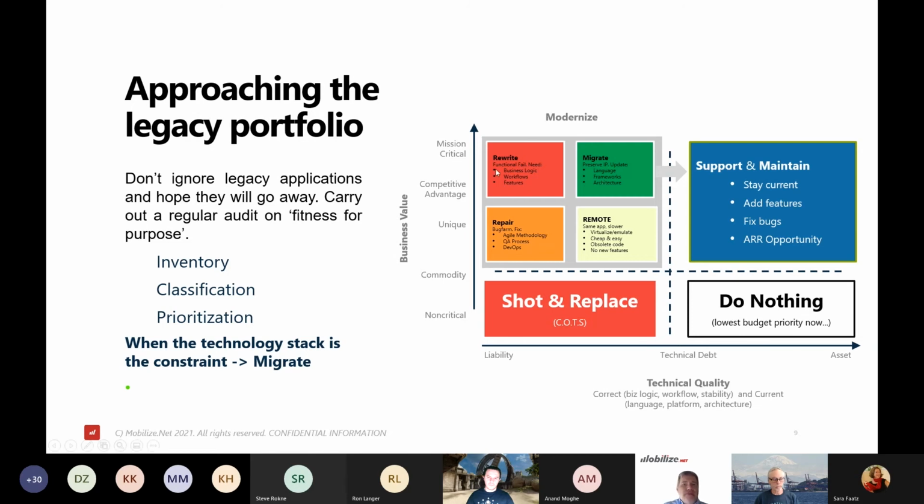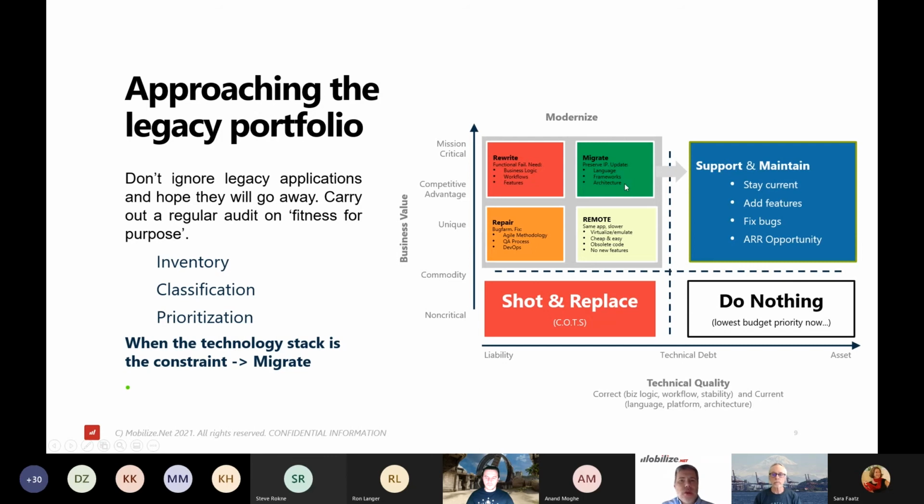However, if this is a mission critical or very valuable application that you cannot buy off the shelf, and you think it's in a technical state where it makes sense to continue to evolve it, but it is trapped on an old technology stack, that is when migration makes the most sense.